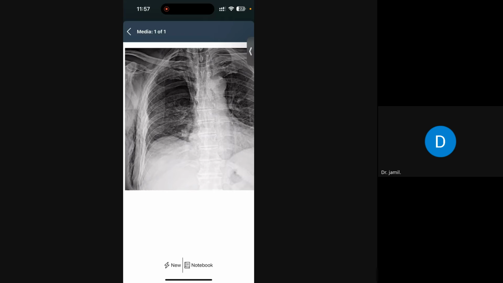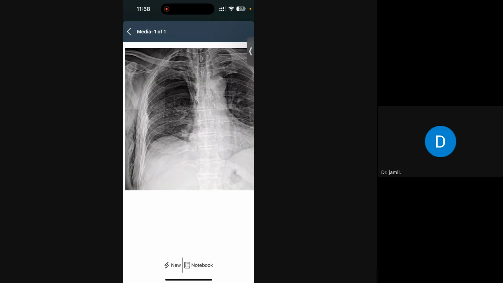Usually when you are seeing pneumothorax, the best way to differentiate between pleural effusion and pneumothorax is that pleural effusion you will see as an opacity, a whitish area. In pneumothorax, air is involved, so you are going to see the whole lung field on X-ray as black.